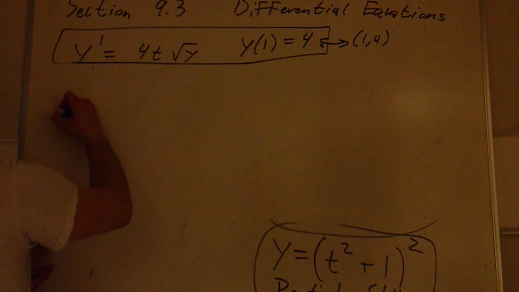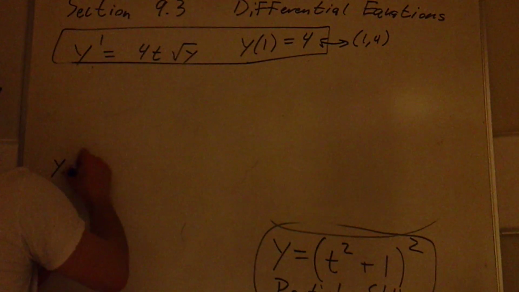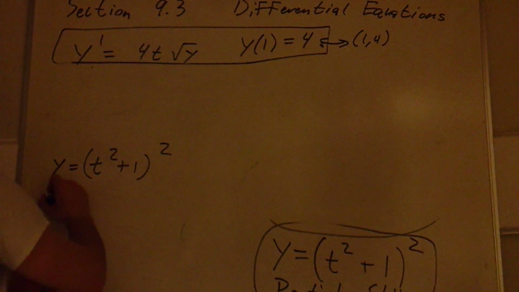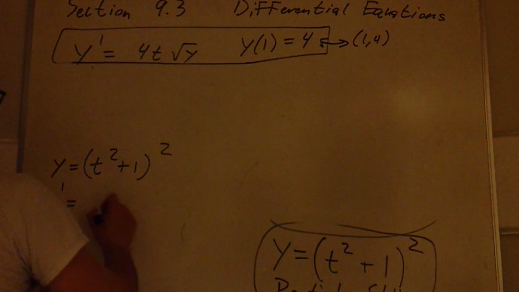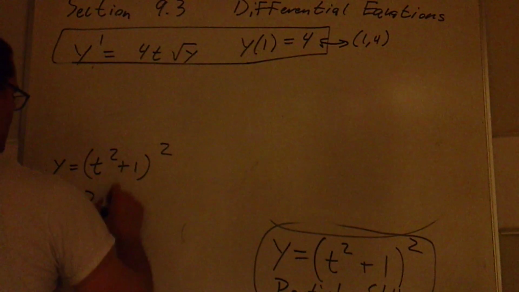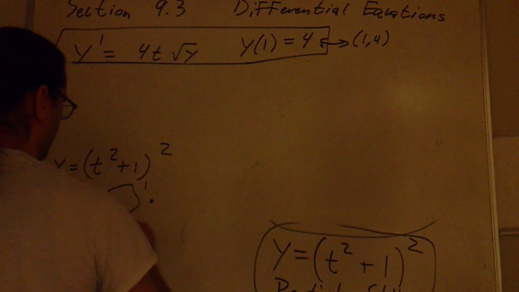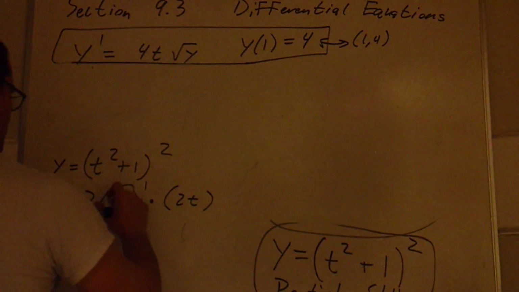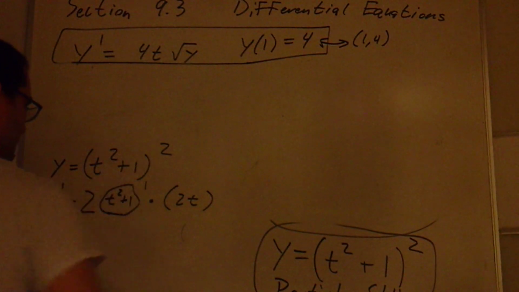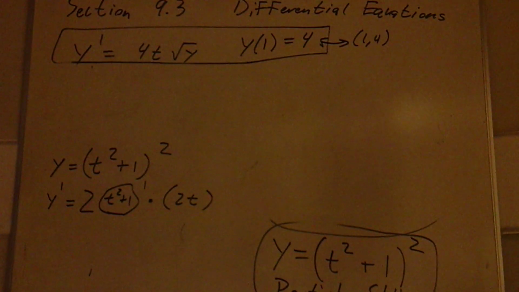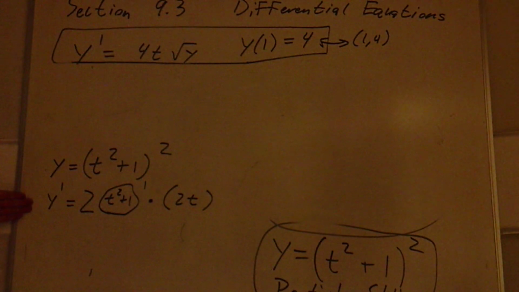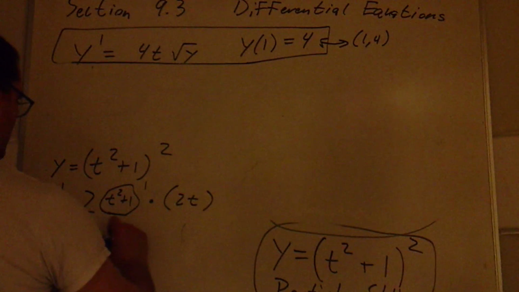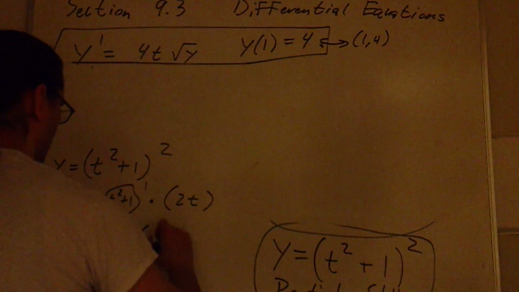If y is t squared plus 1 quantity squared, then y prime should be 2 times t squared plus 1 to the 1 times the derivative of the inside, which is 2t. So I can use the chain rule to find the derivative of y. If I simplify this a little bit, it's going to look like 4t times t squared plus 1.